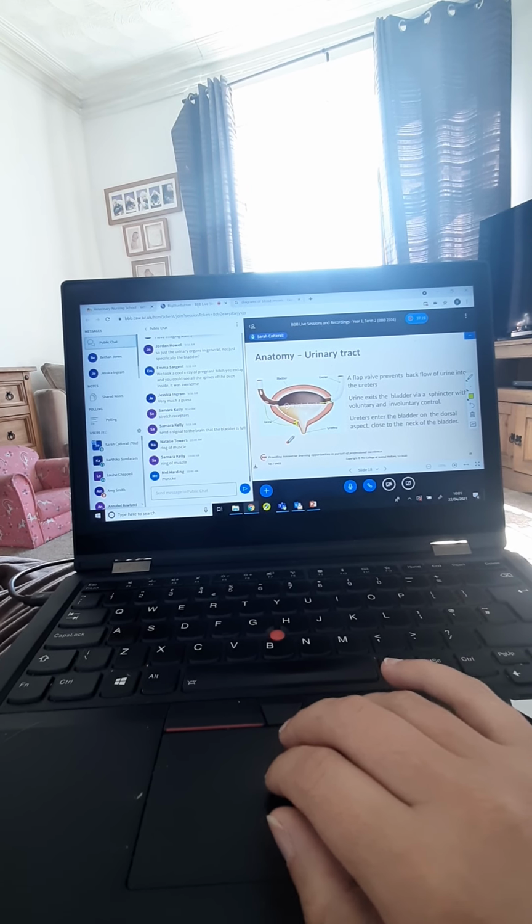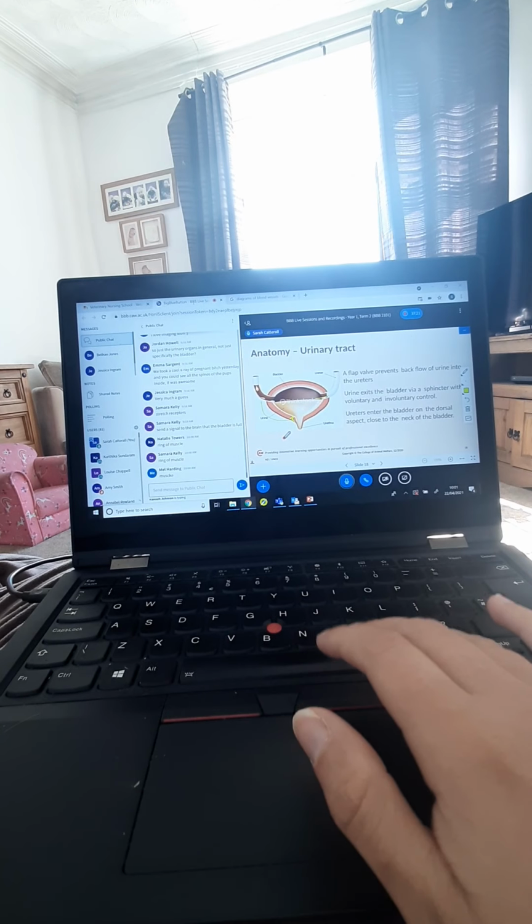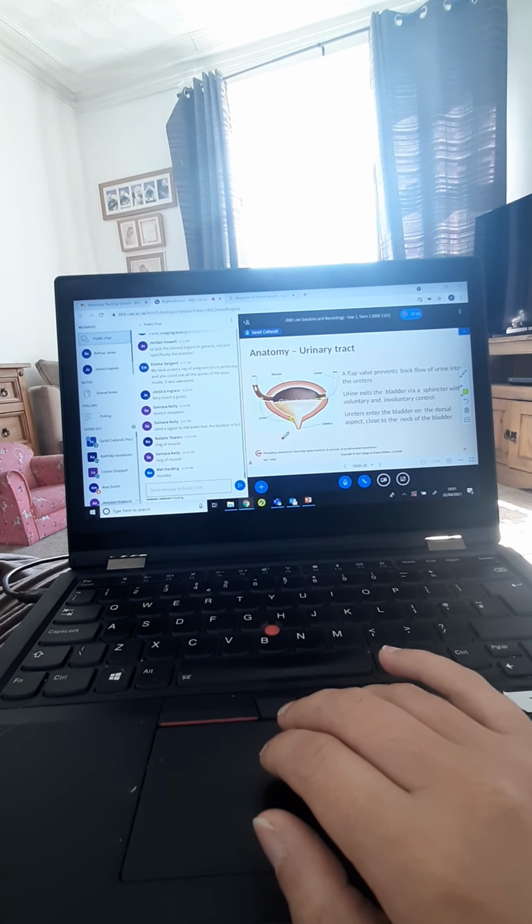Okay, there's different reasons for urinary incontinence. It can occur with age-related changes, but this is a genetic problem.